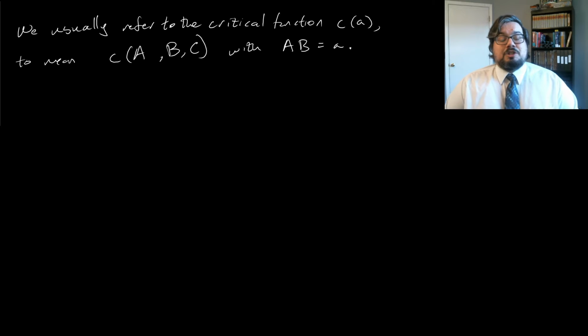So the critical function, in fact, depends only on the length of the segment AB, not on anything else. In particular, not on where in your geometry the points A and B live.